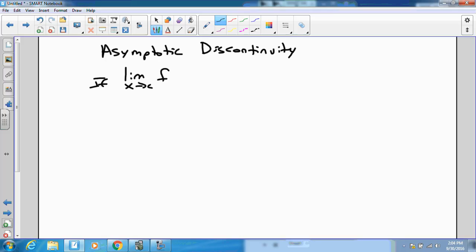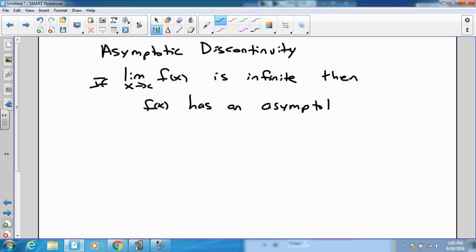If the limit as x goes to c of f of x is infinite, meaning any of plus infinity or minus infinity or plus infinity from one side and minus infinity from another, then f of x has an asymptotic discontinuity at x equals 3.